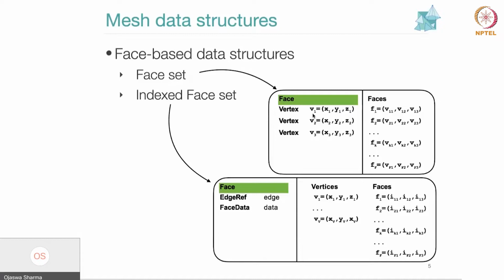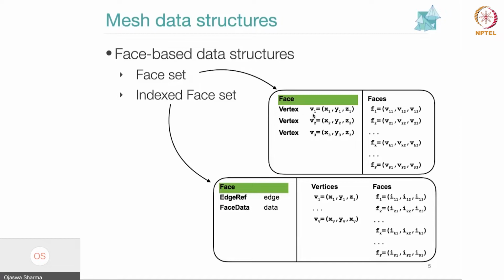Can somebody tell me why it is difficult to create connectivity information in the first case? Remember, every vertex is stored as XYZ coordinates, where these XYZ coordinates are floating point values. So who will tell me why it is difficult to create the underlying graph of the mesh? Any thoughts?